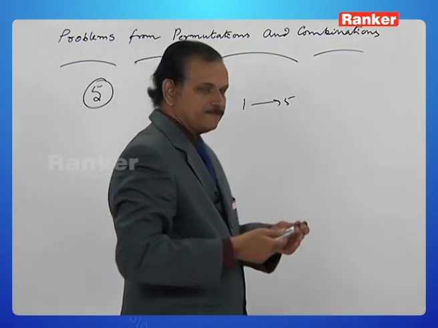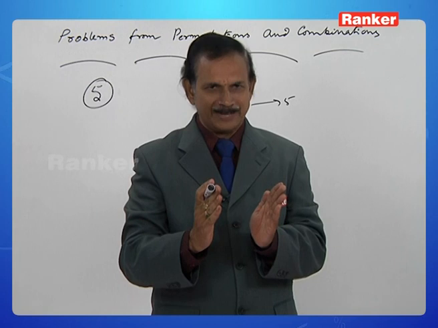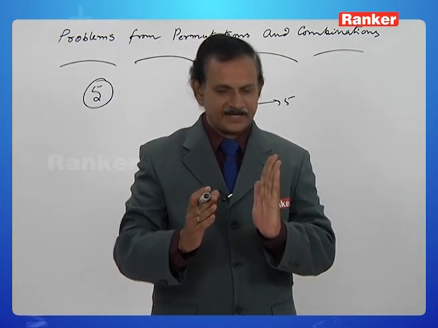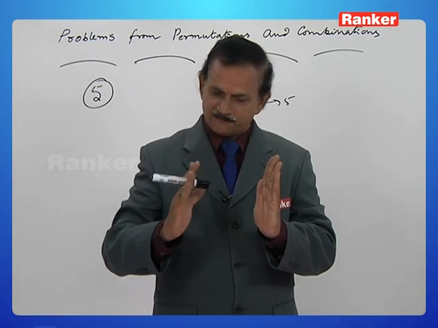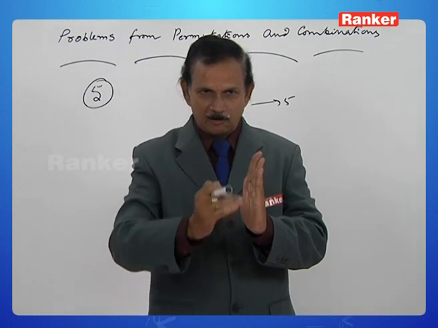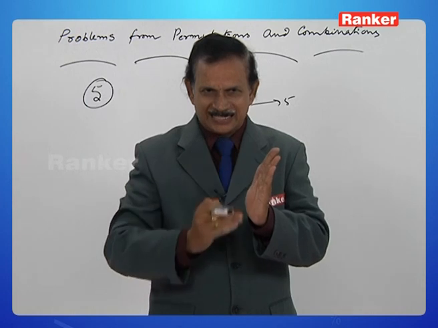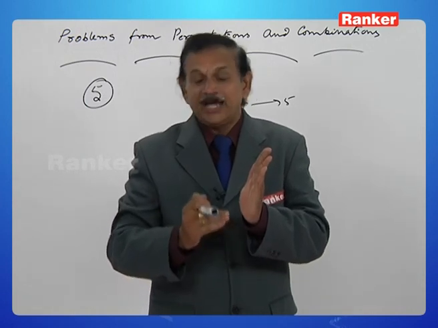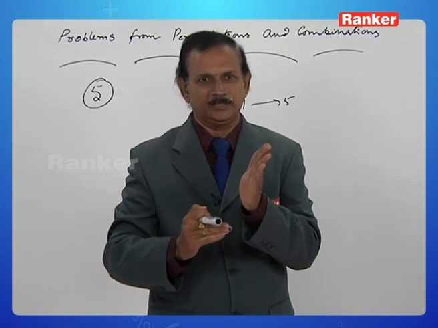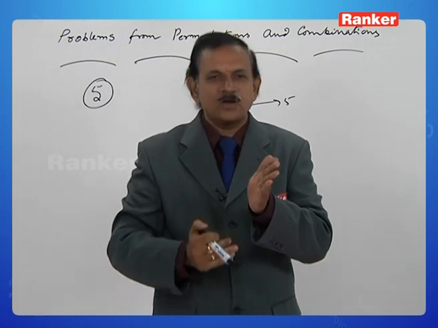Now, you observe it carefully. You have a cube in your hand. This face has been painted and the exact opposite face has also been painted. Now the remaining 4 faces are to be painted using the 4 remaining colors. Here we have to understand the situation very carefully. These 4 faces are appearing in a circular way.